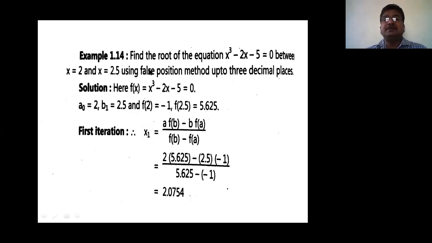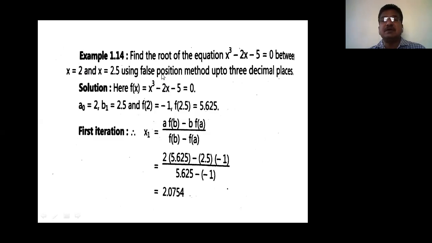First problem on this method: find the root of the equation x cube minus 2x minus 5 is equal to 0 between 2 and 2.5. So these numbers are given. These two real numbers, the root lies between these two. And if these numbers are not given, then we find these numbers by using trial and error method. This is f of x, x cube minus 2x minus 5.